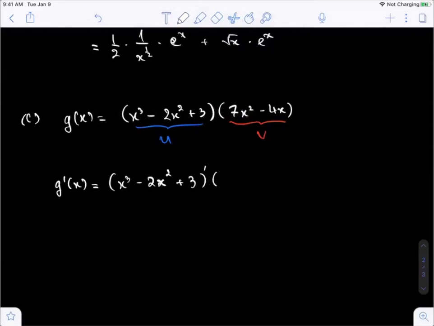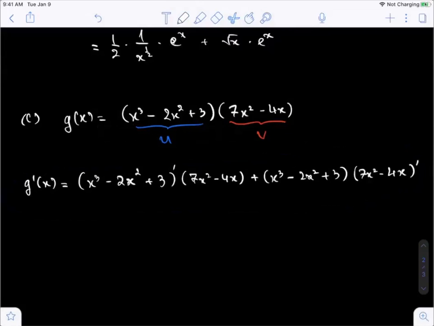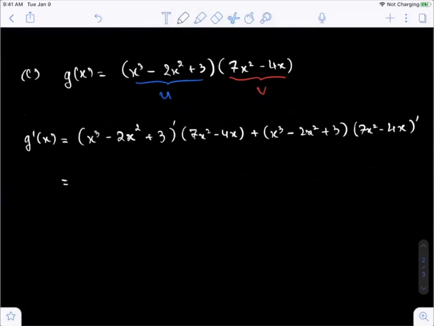I'll take the derivative of that times 7x squared minus 4x plus x cubed minus 2x squared plus 3 times 7x squared minus 4x prime. So let's take the derivative of the first function. So the derivative of the first function is 3x squared minus 4x, right?